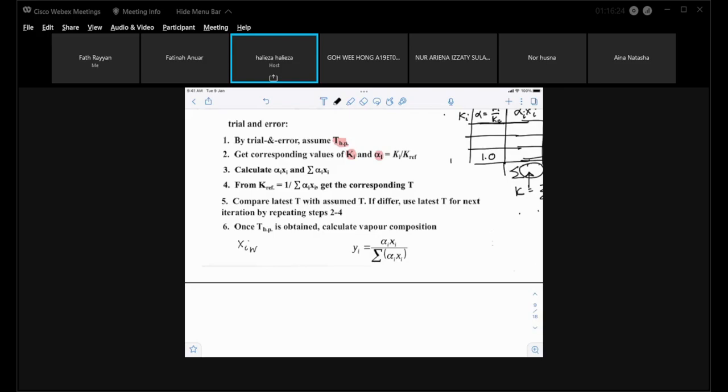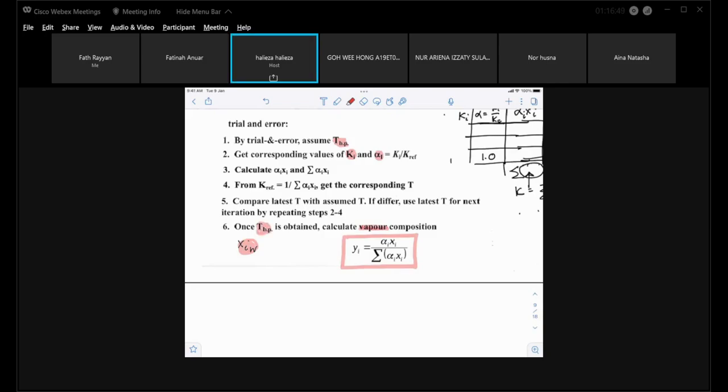Okay. So based on that bottom product composition, you will find the vapor composition that is in equilibrium with that x composition. If you want to find the vapor composition in equilibrium with it, this is the equation you're going to use, provided you already managed to get your correct boiling point.